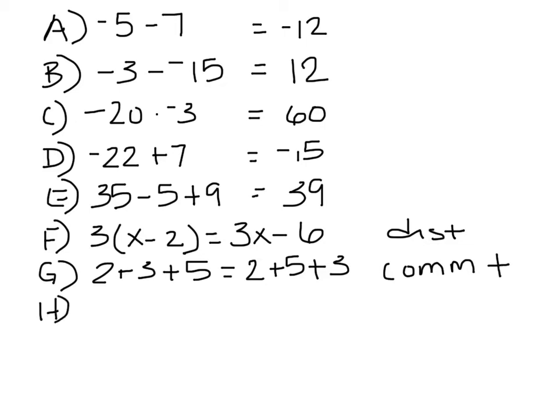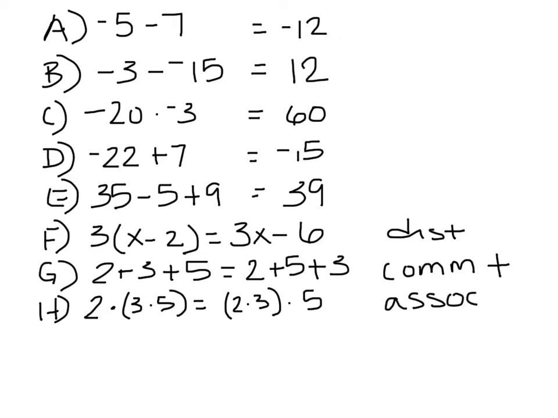H was a name the property, and I said 2 multiplied by the quantity of 3 times 5 is equal to the quantity of 2 times 3 multiplied by 5. And so because it's got that quantity, we're talking about parentheses, so this is the associative property of multiplication.